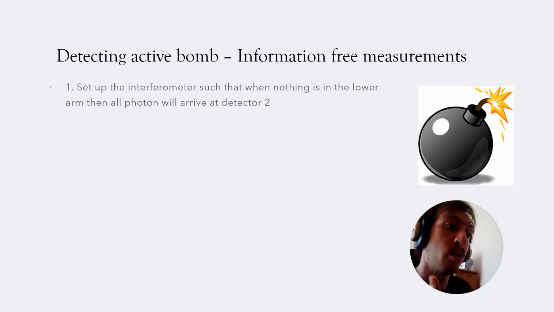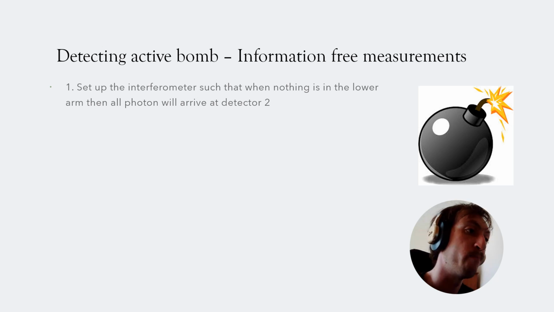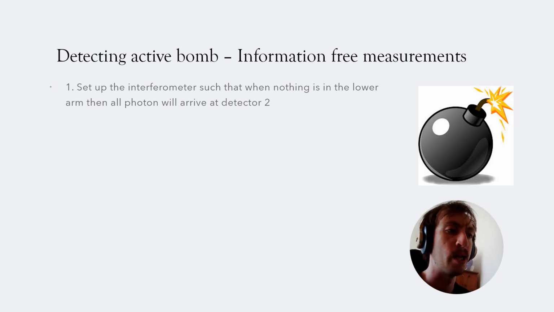And we can easily do this by just setting up the paths to ensure that there is destructive interference corresponding to the photon landing at detector 1, so the probability is 0, and that way we know for certain the photon will arrive at detector 2.